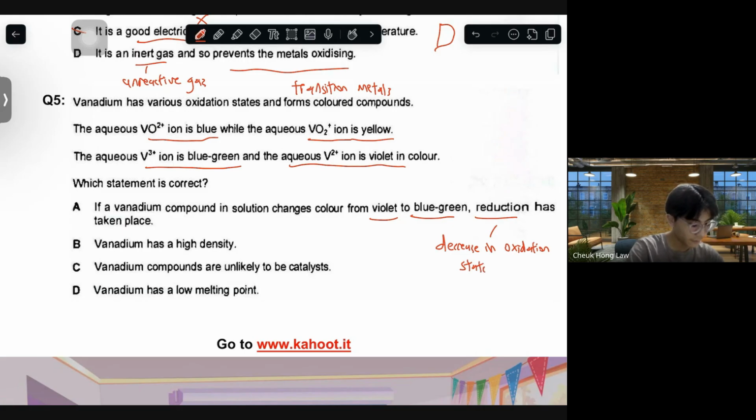So if we look at violet to blue-green, violet is V2+, blue-green is V3+. The oxidation state is the same as the charge. So the oxidation state of this is +2, and of this is +3. So there is an increase from +2 to +3. So definitely reduction has not taken place.